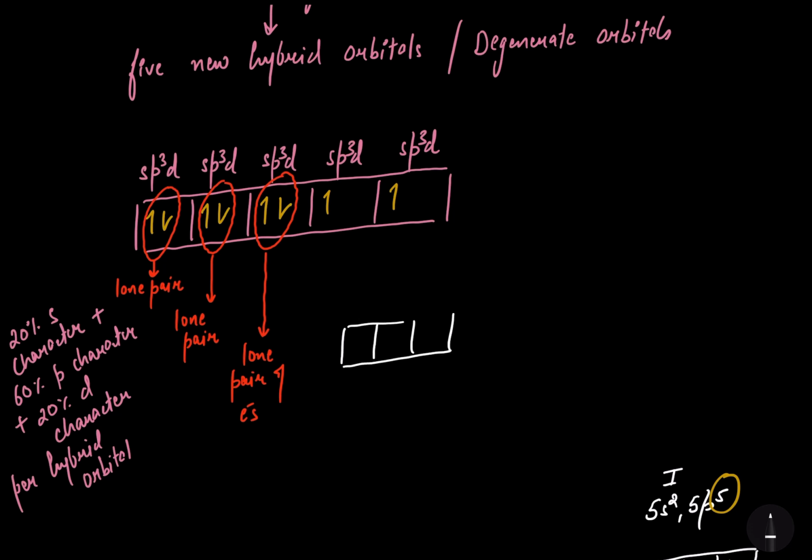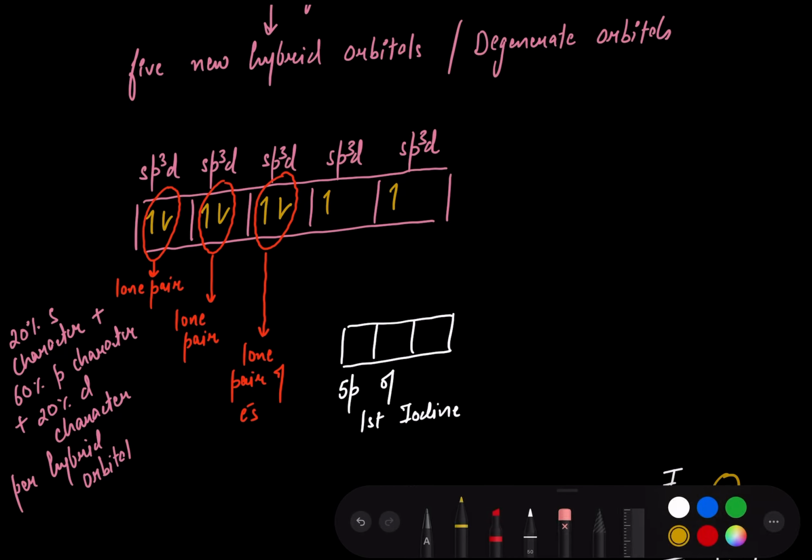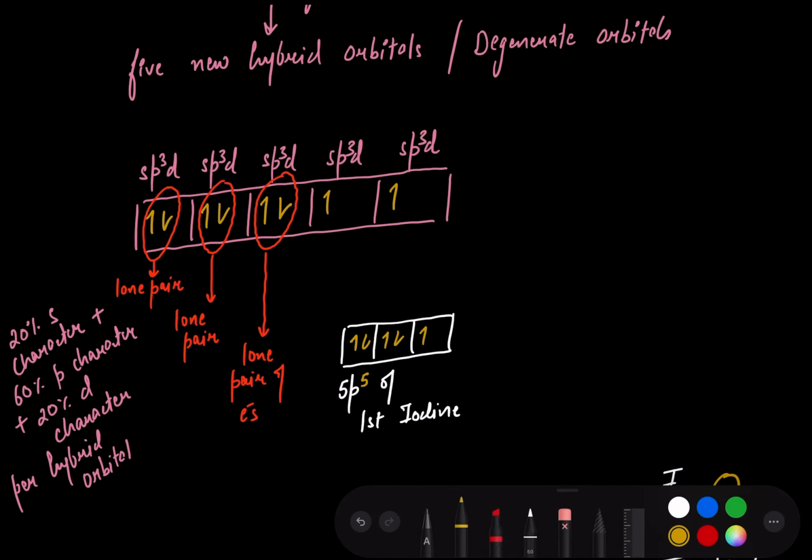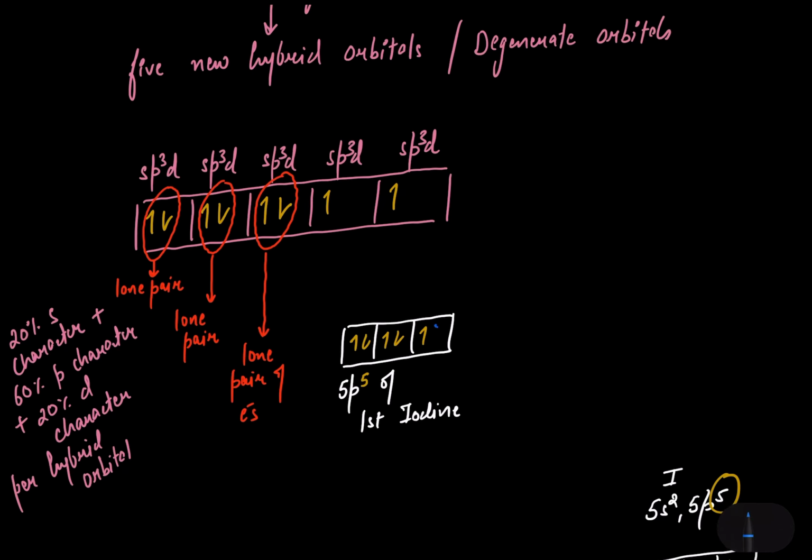I'm taking this to be the 5p of first iodine. Now the 5p is having 5 electrons, the 1, 2, 3, 4 and the 5. So here we are left with 1 atomic orbital of iodine which is having 1 electron, which is going to have head-on overlap with the sp3d hybrid orbital of the iodide ion.